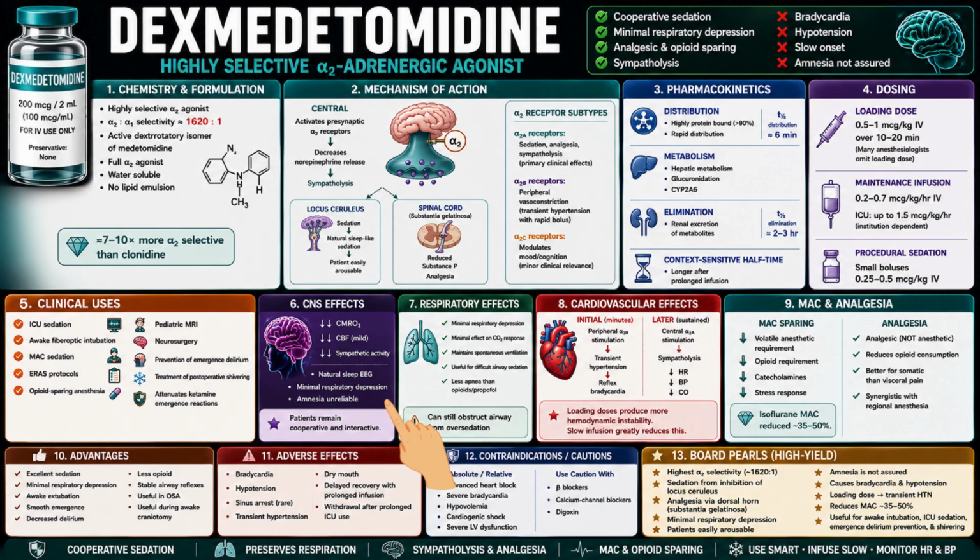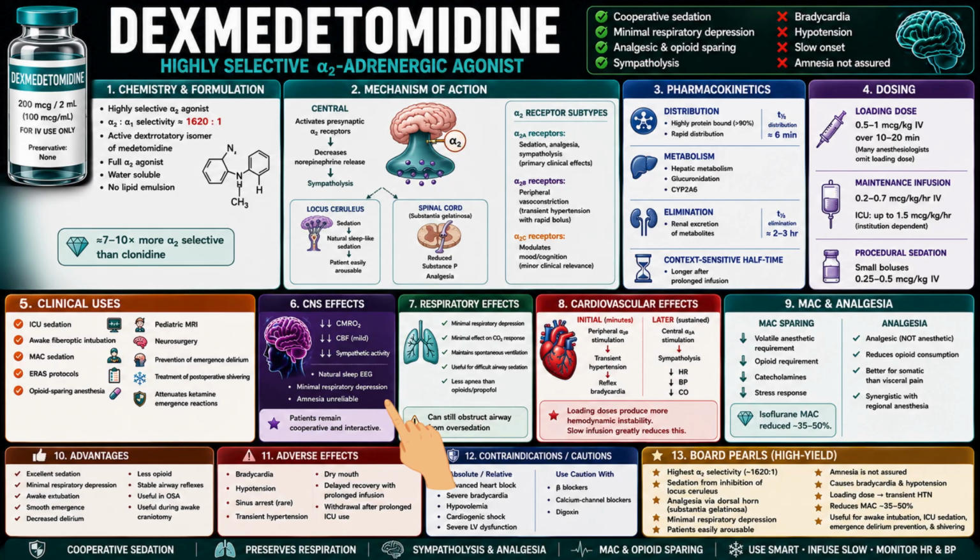This is fundamentally different from propofol, which produces burst suppression at deeper doses, or benzodiazepines, which produce diffuse theta and delta slowing. The natural sleep EEG is why patients are so easily aroused, and why the sedation feels more natural to patients than GABA-mediated sedation.